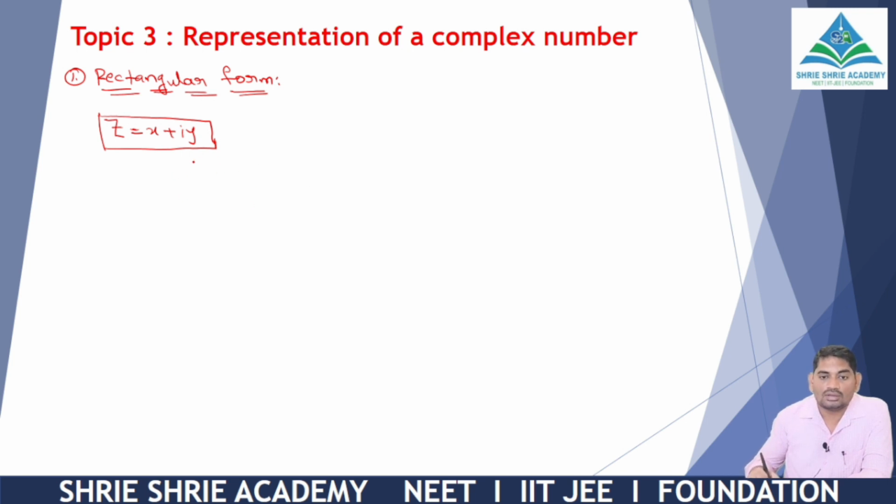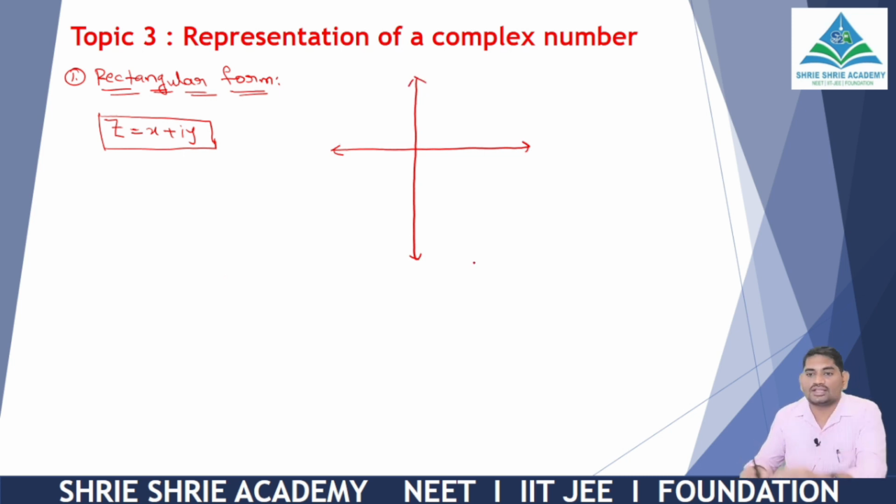See here, suppose I take one horizontal line and one vertical line. Here the horizontal line is represented as the real axis and the vertical line is represented as the imaginary axis.